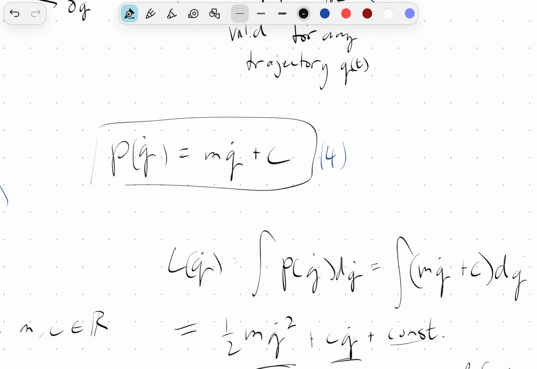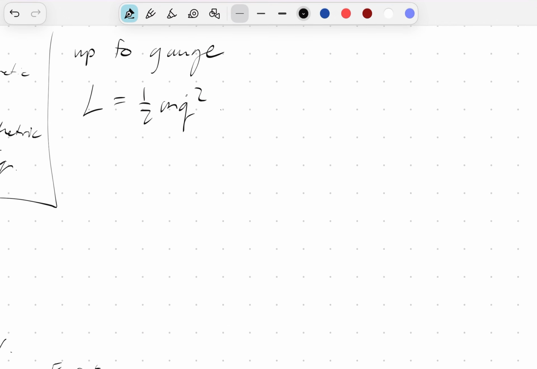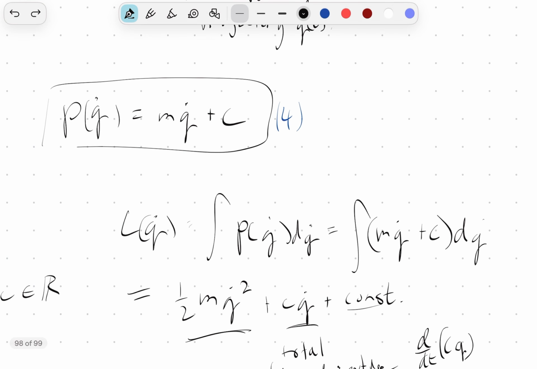So if you integrate the momentum law, that yields a quadratic kinetic energy. For regular Newtonian mechanics, p equals mv, and integrating that, you get 1/2 mv squared, the pure kinetic energy term in Newtonian mechanics.